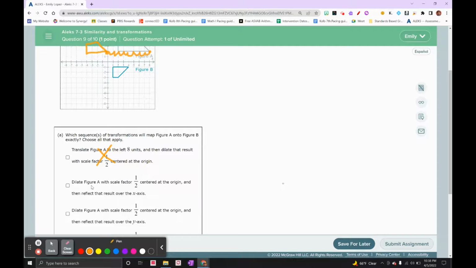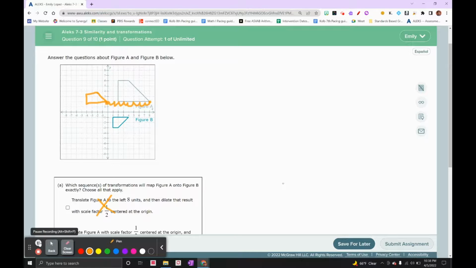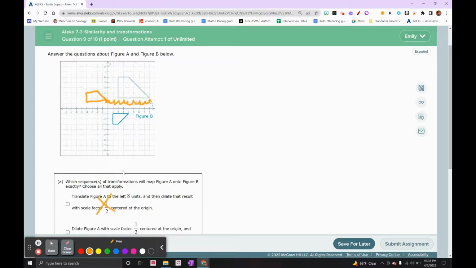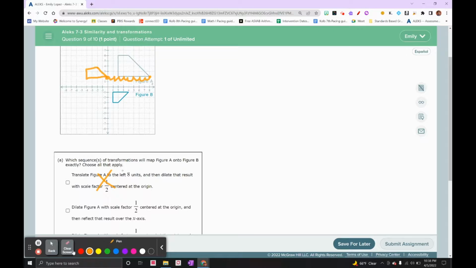Second one, dilate figure A by scale factor 1/2, center at the origin, and then reflect the result over the x-axis. So dilate it by 1/2 and reflect across the x-axis. Everything is reduced by half, which means that this one is 2 units away from that. Let's go down to 1.